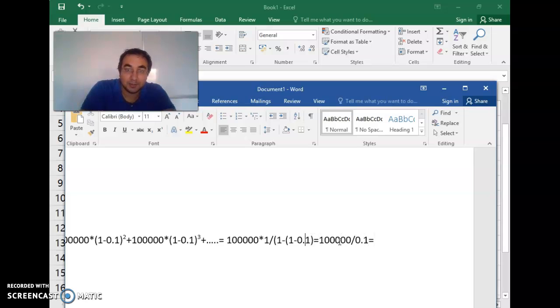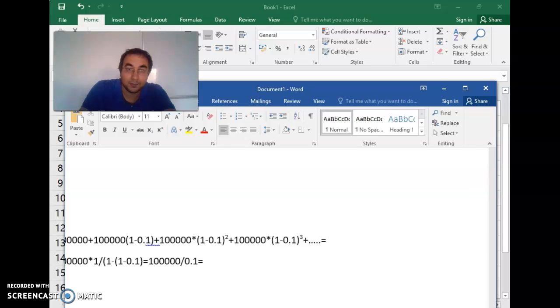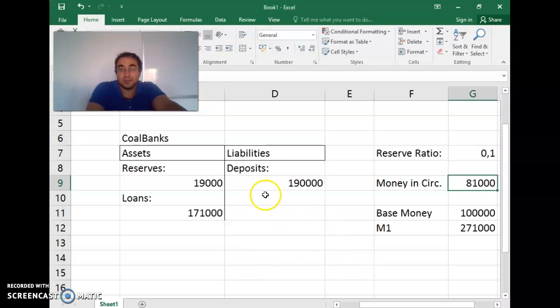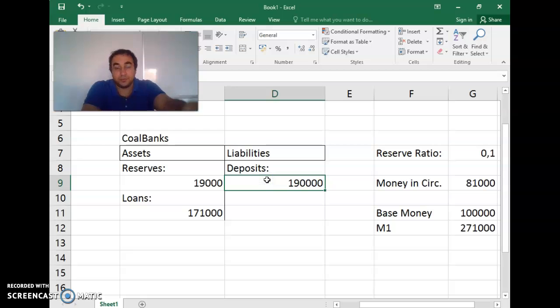So let's just see this case. The total amount of money in the economic system, when this whole process has ended, will be $1 million.